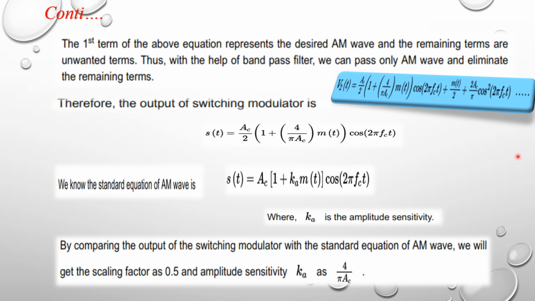So in the switching modulator, the sensitivity factor is 4 divided by pi Ac and the scaling factor is 0.5. This is the switching modulator equation s of t, and this is the AM standard equation.